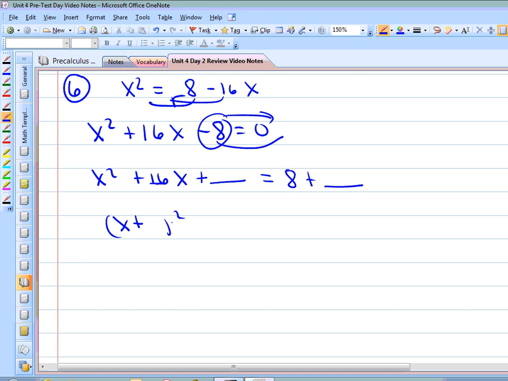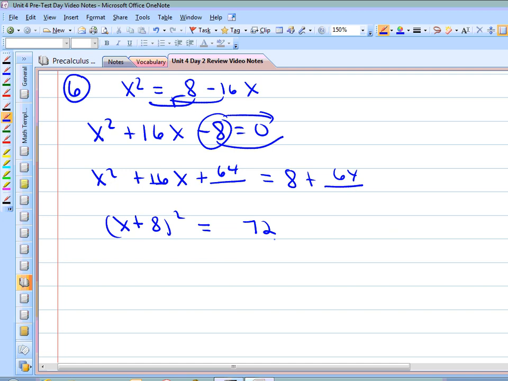Now, half of 16 is 8, and 8 squared is 64. And so 64 goes in that blank, and 64 goes in this blank. I just noticed a mistake on my problem. All right. Equals. 64 and 8, I believe, is going to be 72.